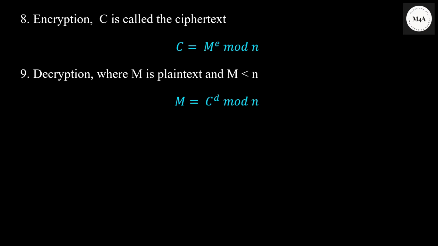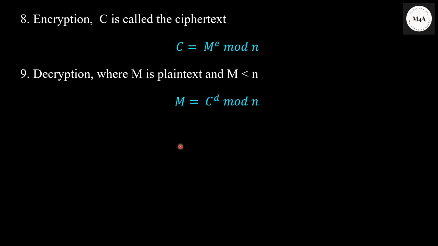So these are the steps to generate the keys, public key and private key. Okay, one more time I will recall for you. Public key is n, e; private key is n, d. To find them, the first step is to choose p and q, large prime numbers, then you get the product n.